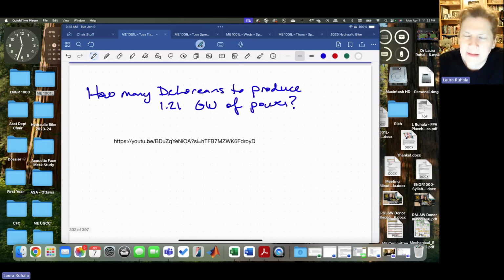We have to ask the age-old question: how many DeLoreans would you need to produce 1.21 gigawatts of power? This is the question that man has contemplated since 1985, because as you might recall, that is directly from Back to the Future.